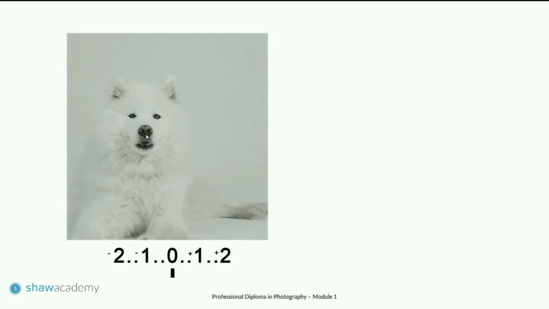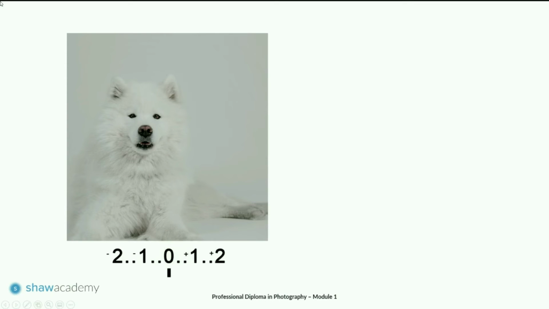So imagine we took this photograph of our dog, the light meter's at 0. This is probably the kind of result that we would end up getting. Everything is grey and flat and underexposed. This scene is underexposed. It's a white subject against a white background. It's reflecting more light than the 18% assumption that the light meter makes.